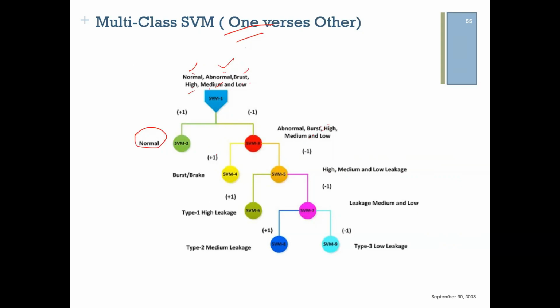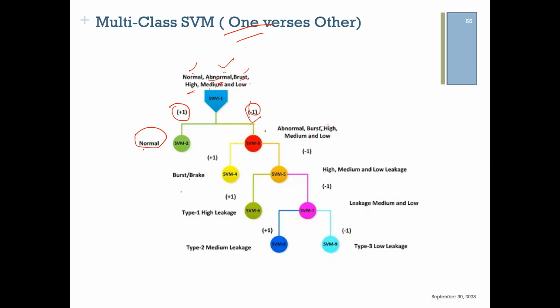You can see here, it's one against all. So this will be considered the positive class, while all the others will be considered negative. So a labeling of the entire system: all these abnormal class, broad, high, medium, will all be considered as the negative class. Once we are done, we continue with the separation.